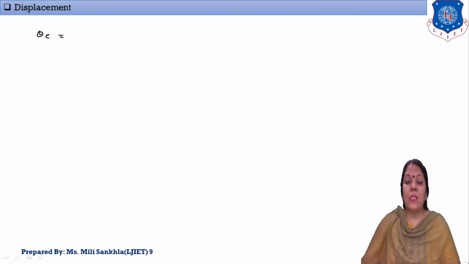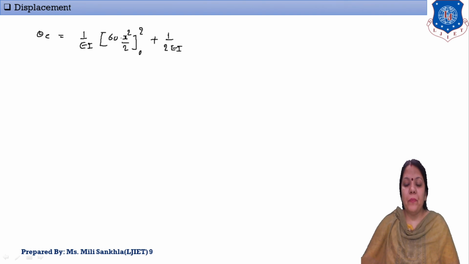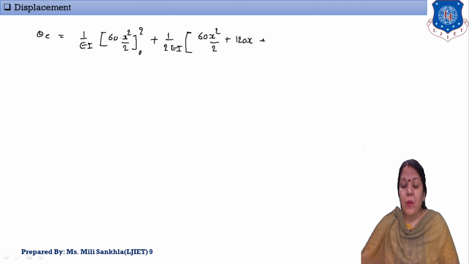Theta c is equal to 1 by EI, where m is given, simply this term is 0, only the term left, that is 60x square by 2, limit of 0 to 2, plus second 1 by 2EI, and again where m is present this term is 0, so first term is present, 60x square by 2, plus second term is only 120, integration of 120 is 120x, plus 10x cube by 3 left, and limit is given 0 to 4.